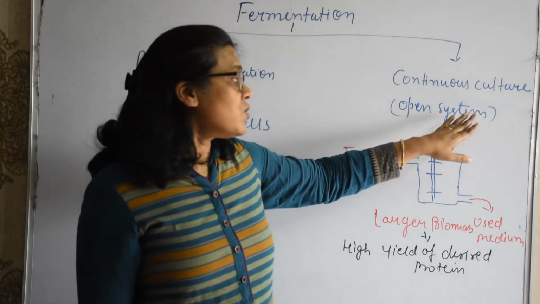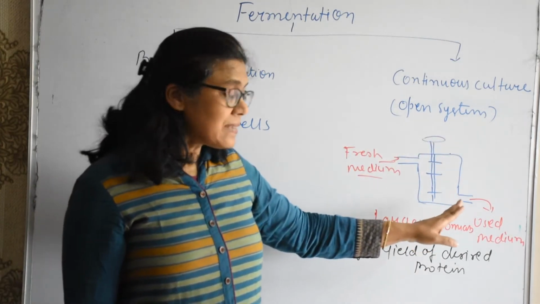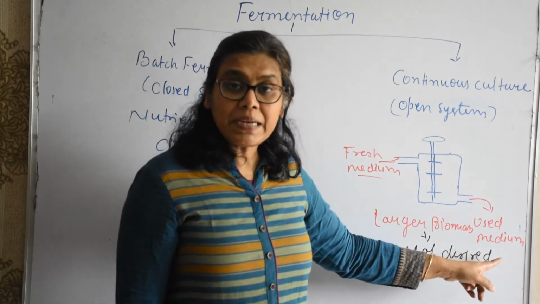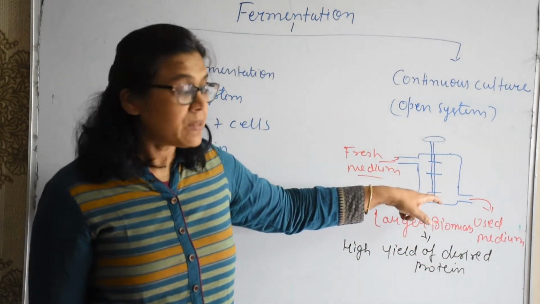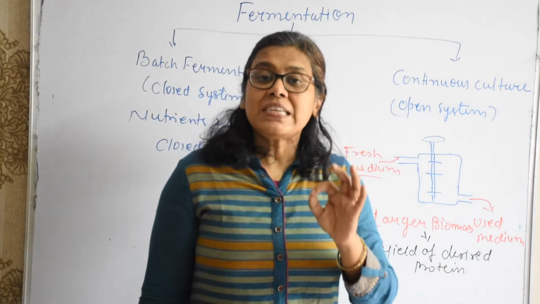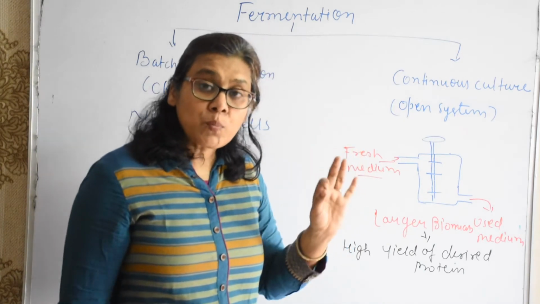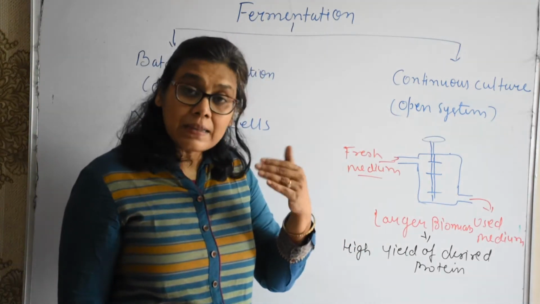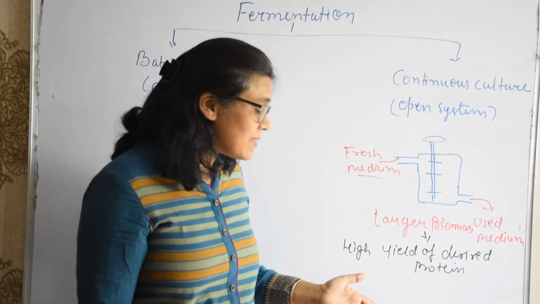Now about the continuous culture method, which is also known as an open system. In this system, the used medium is removed from one side and the fresh medium is added from the other side, and this helps the cells stay in the physiologically active phase, that is the exponential phase. In other words, there will be rapid multiplication of the cells.